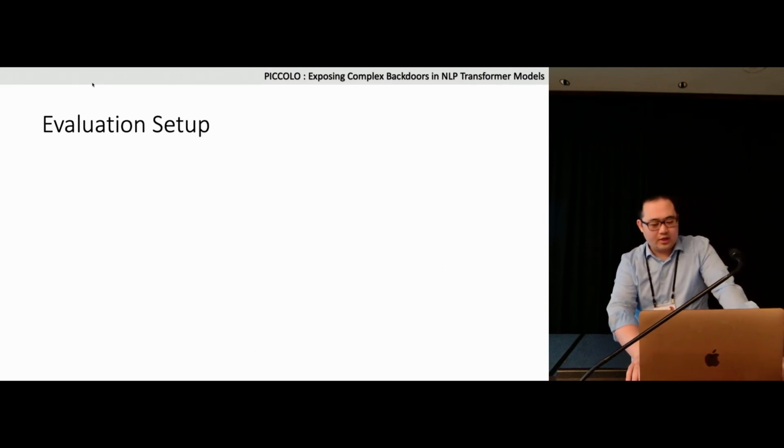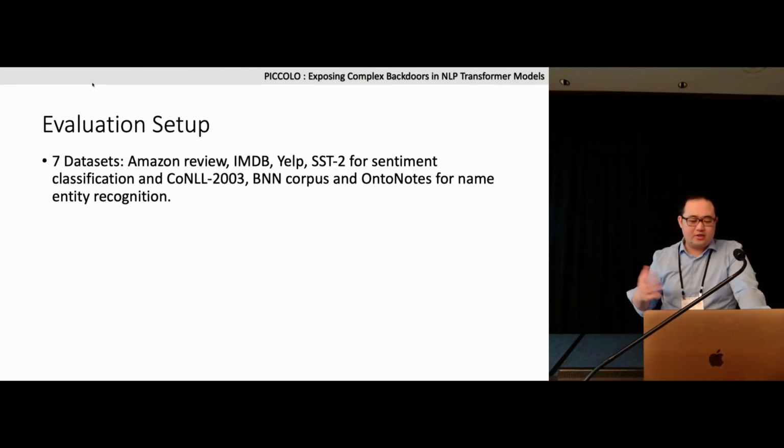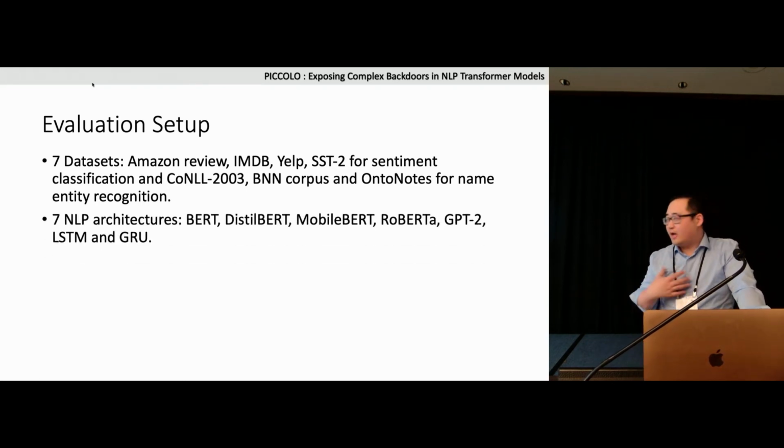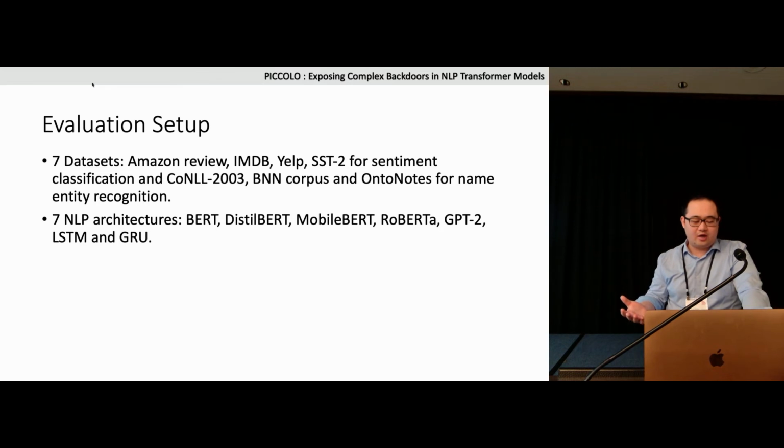So in evaluation, we evaluate PICCOLO on 7 datasets: Amazon Review, IMDb, Yelp, SST2 for sentiment classification, and CoNLL 2003, BN Corpus, and OntoNotes for named entity recognition. And we also evaluate our method on 7 NLP architectures: BERT, DistilBERT, MobileBERT, RoBERTa, GPT-2, and simple LSTM and GRU.